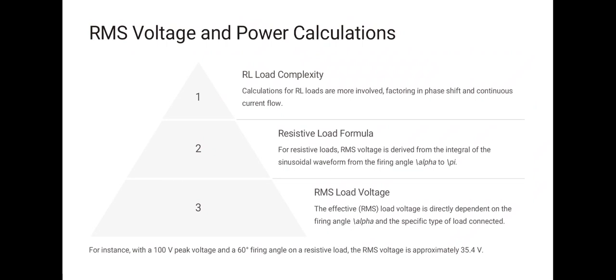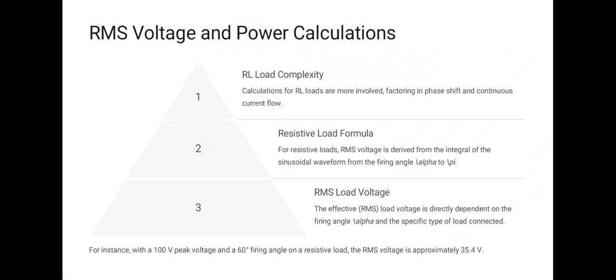RMS voltage and power calculations. RL load complexity: calculations for RL loads are more involved, factoring in phase shifts and continuous current flow. Resistive load formula: for resistive loads, RMS voltage is derived from the integral of the sinusoidal waveform from the firing angle.